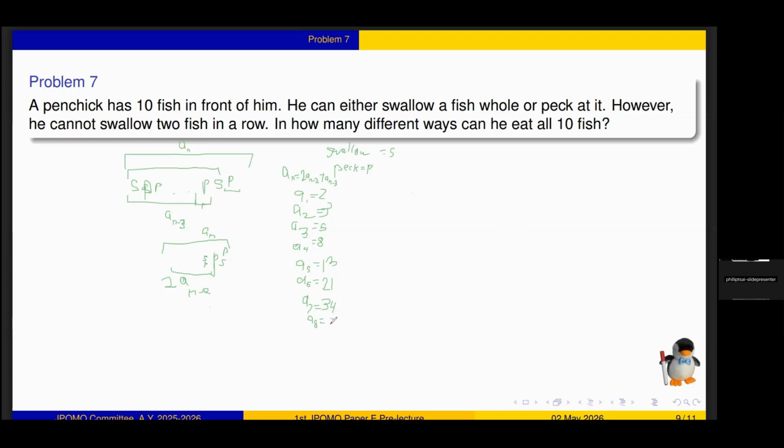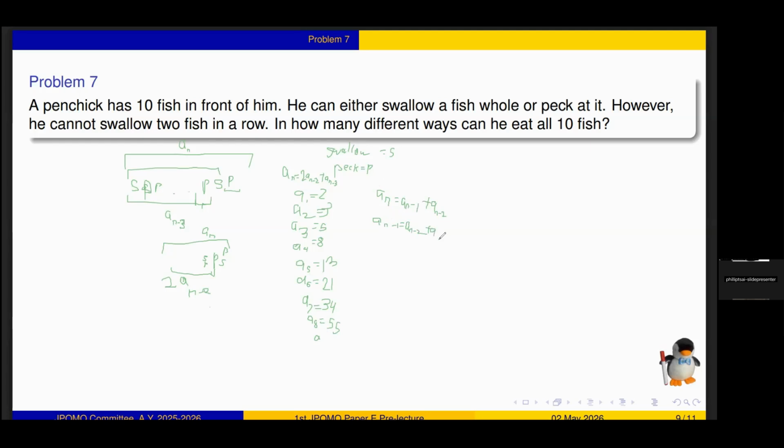Either way, it's equivalent in nature because you can plug n minus 1 into this. So you have a sub n minus 1 is equal to a sub n minus 2 plus a sub n minus 3, right?